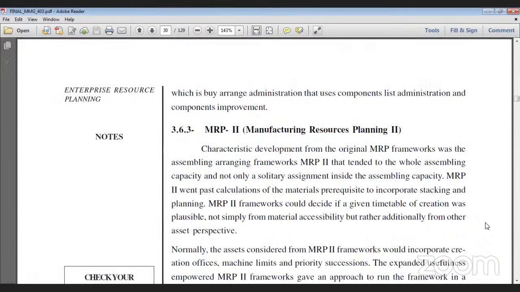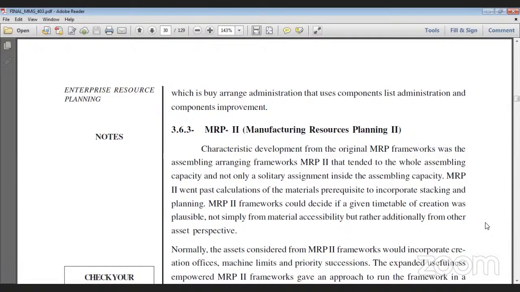There is also the wise order administration, which uses company-based administration and competitive components improving it. Here is 3.6.3, MRP II, manufacturing resource planning.